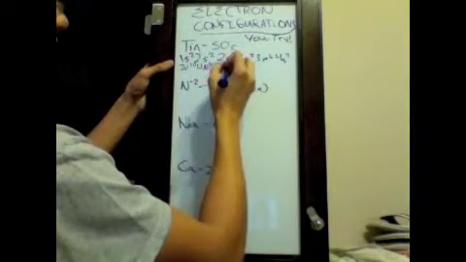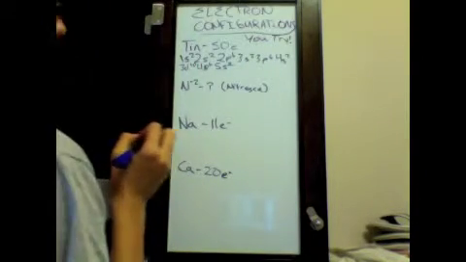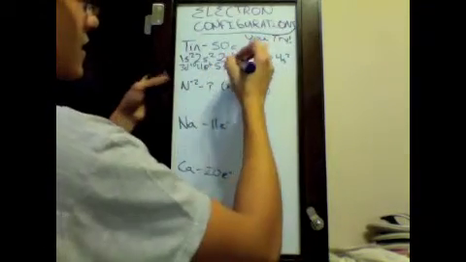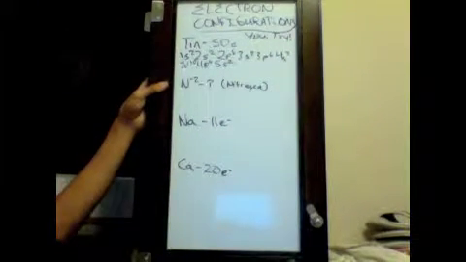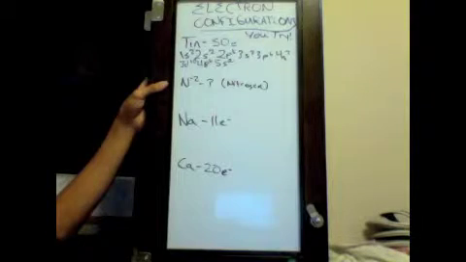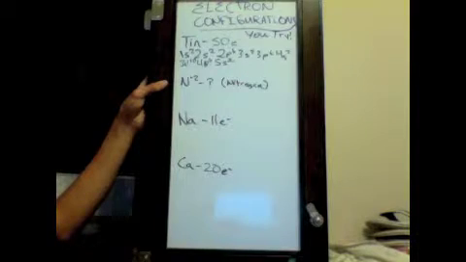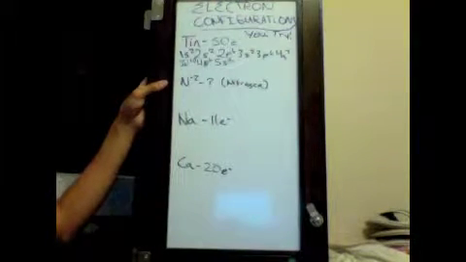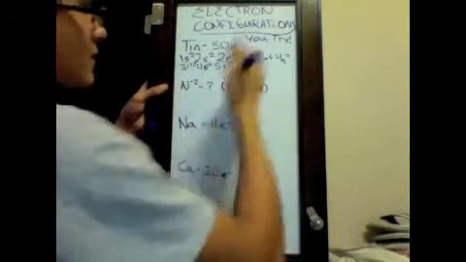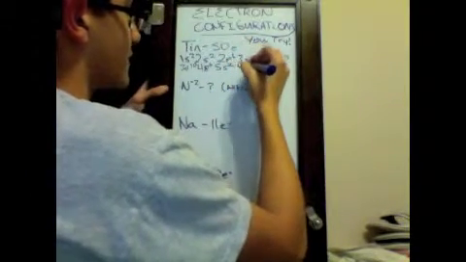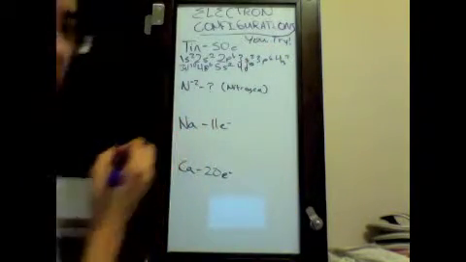And then 5s2, which will get us 38. Then we'll do 4d10, which will get us 48.